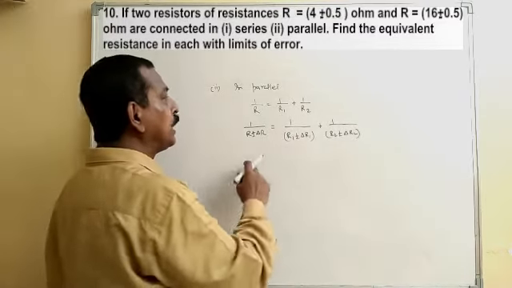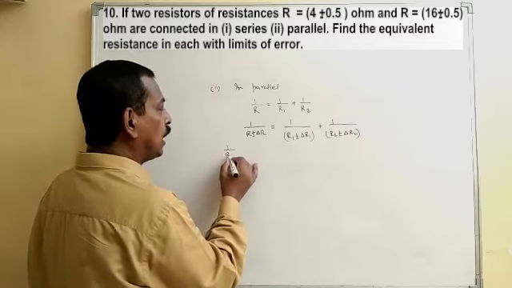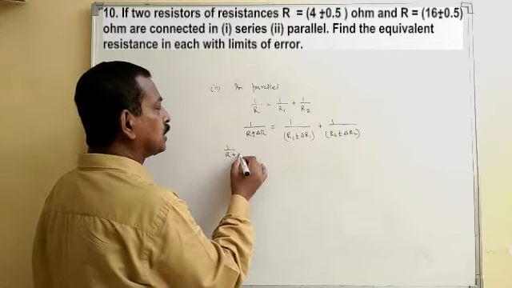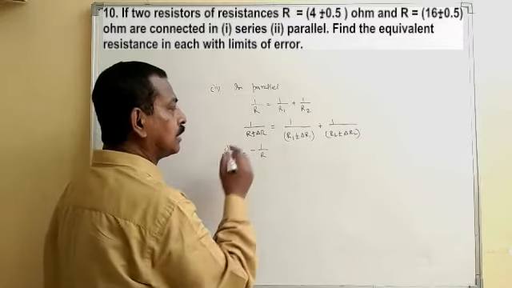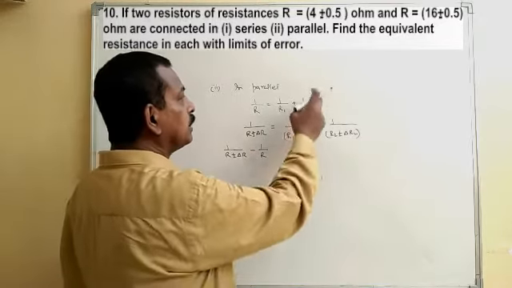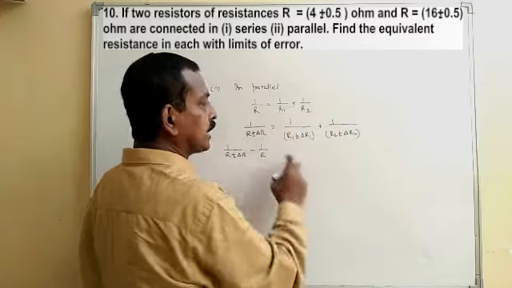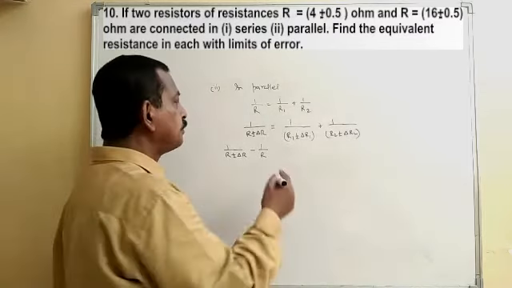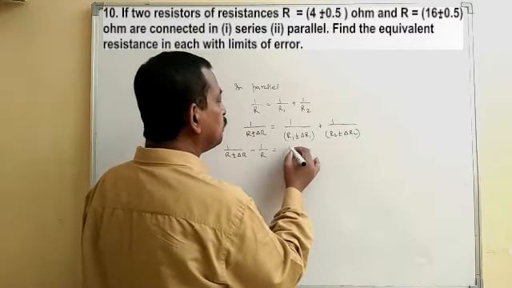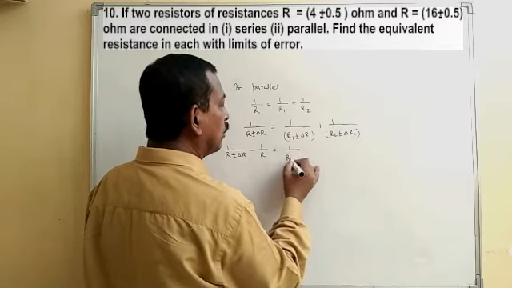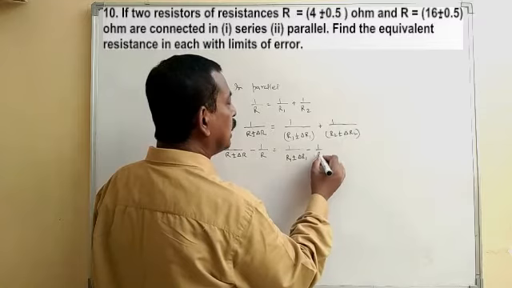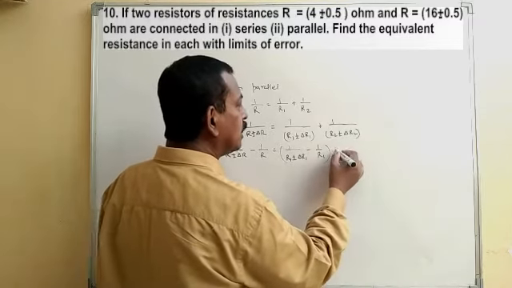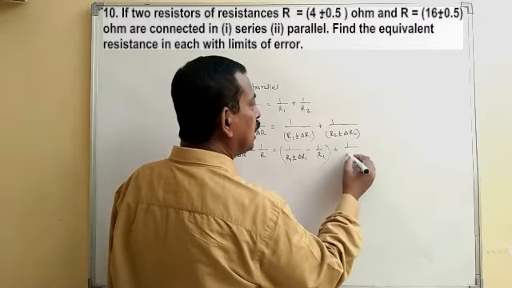So now, if I take 1 by R plus minus delta R minus 1 by R, we are subtracting the first one from the second one. So this is 1 by R1 plus minus delta R1 minus 1 by R1 term. We are just collecting the terms of similar nature at one place.